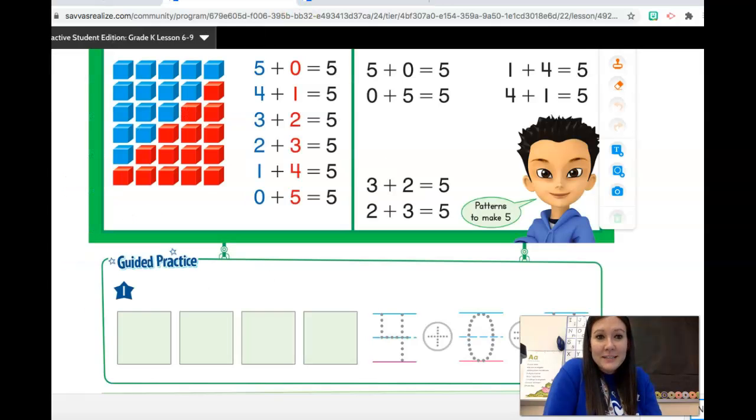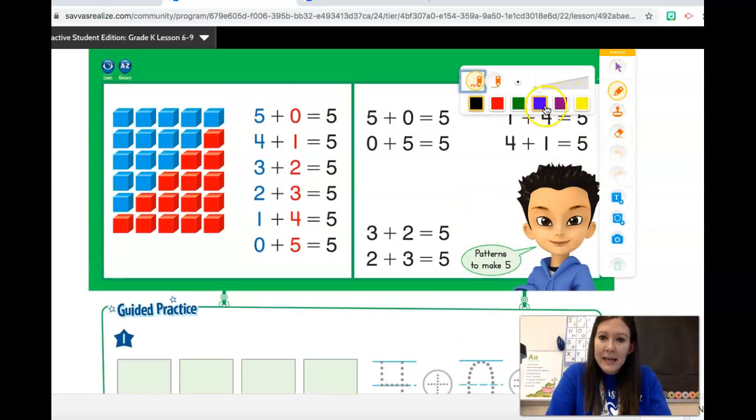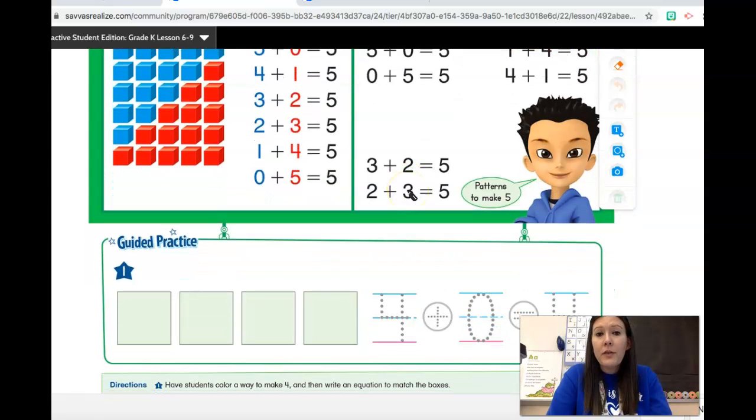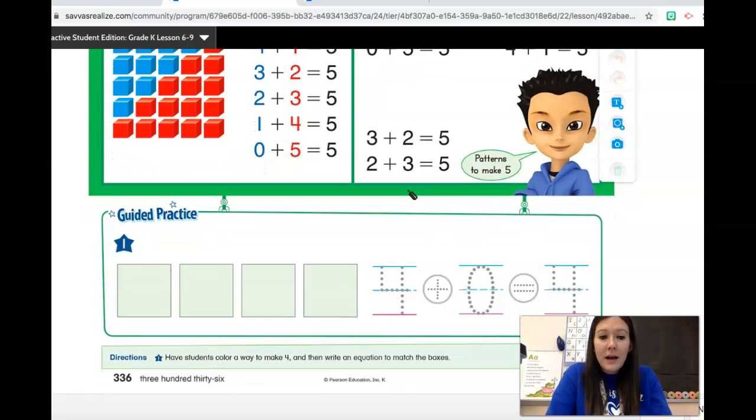All right, mathematicians, let's take a look at some of these patterns. Remember, I said you will need a blue crayon and a red crayon today. I'm going to start with blue, so please pick up your blue crayon. We are going to color to show a way to make 4, and then we're going to write our equation to match these boxes.